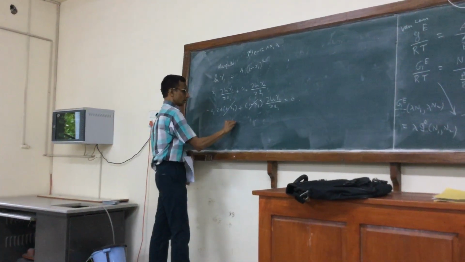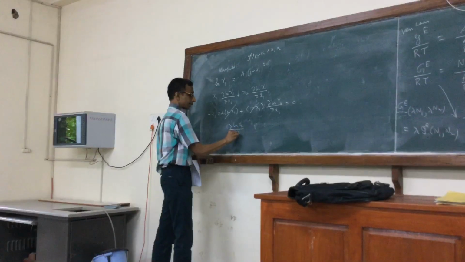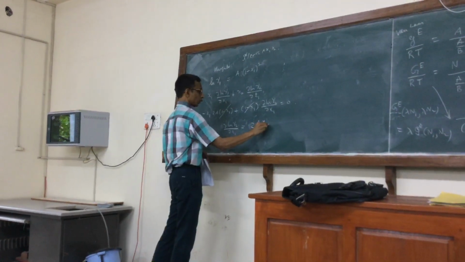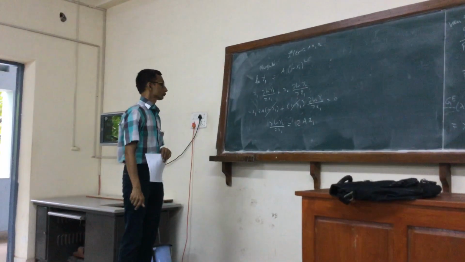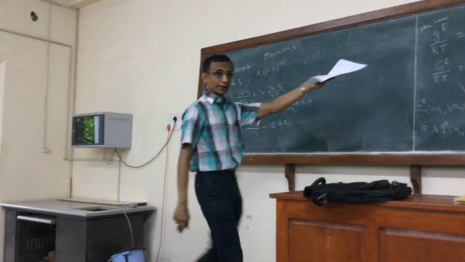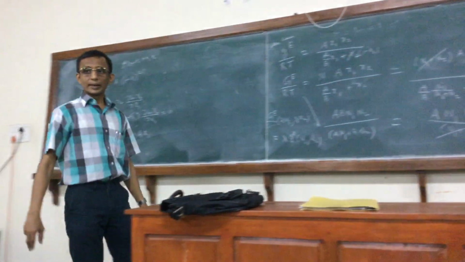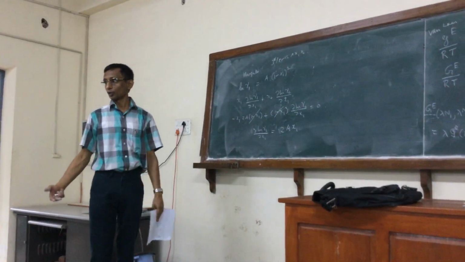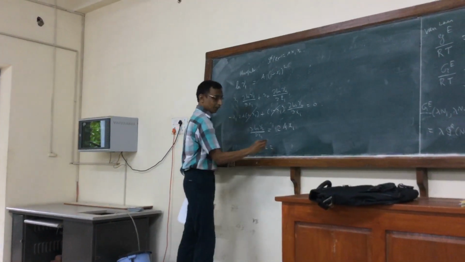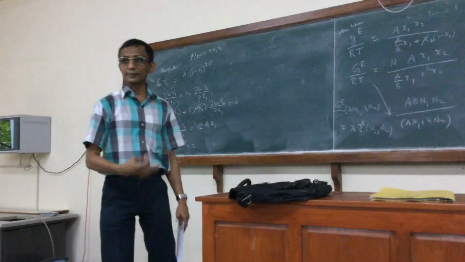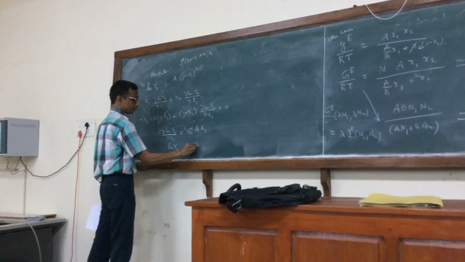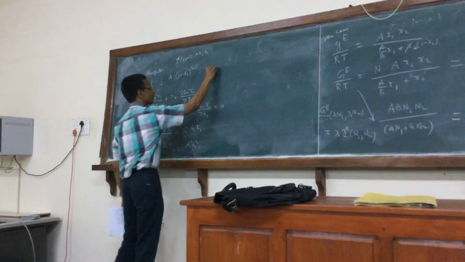Then I get d log gamma 2 by dx1 is equal to A times x1. This is of course very easy to integrate. You can see what integration would be required in that other case. It's not that easy, but you can try it as an exercise. But here, the crucial point is that there will be an integration constant, even though in this case it will turn out to be 0. Log gamma 2 is A times x1 square, which we know is the answer.